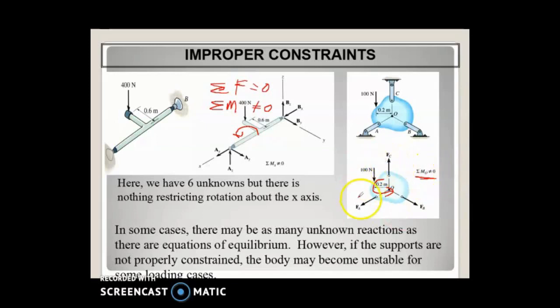If the summation of all the moments is equal to 0, there is no movement. Because there is movement, the summation of moments is not equal to 0. So this is what we call improper constraint.